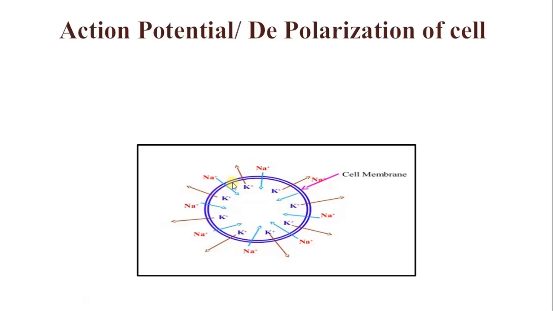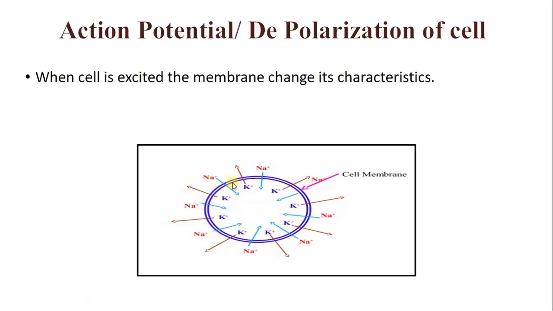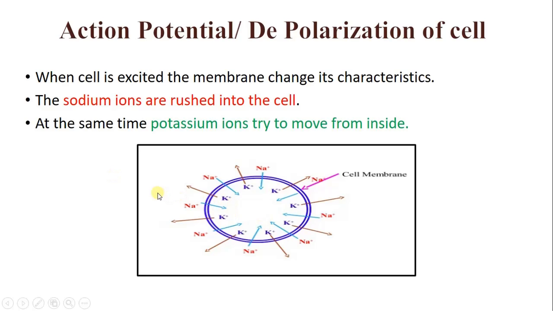Now if this cell is excited, the membrane changes its characteristics. The sodium ions now start rushing into the cell. The characteristics of the membrane change, and the positively charged sodium ions try to come inside the cell, and the potassium ions, you can see in the figure, try to go outside.